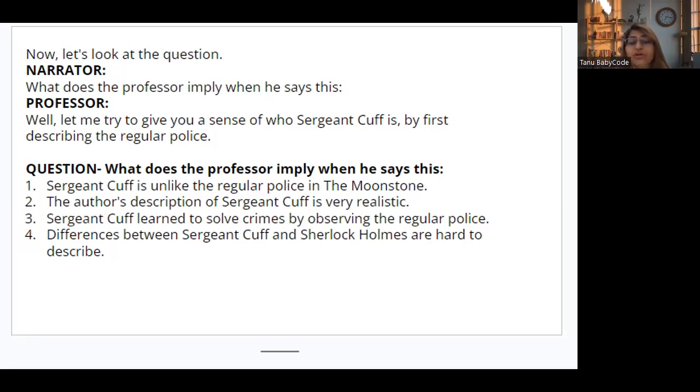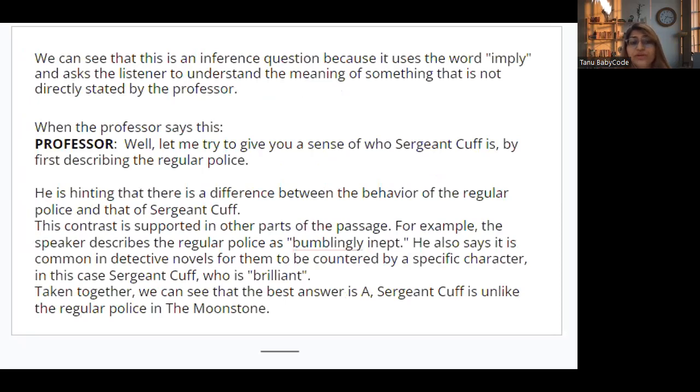So, what do you think? What does he express with this statement? That he tried to give you a sense of who Sergeant Cuff is by first describing the regular police. Now we can see that this is an inference question because it has a word like imply, and it asks the listener to show an understanding or meaning of something that is not directly stated by the professor.